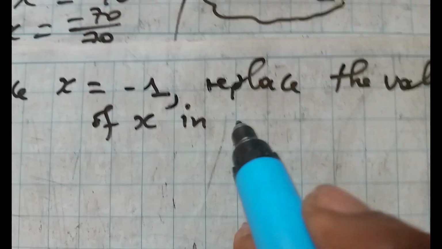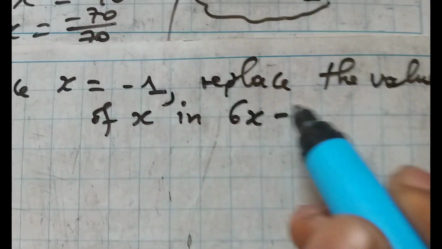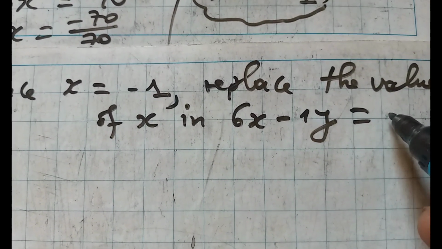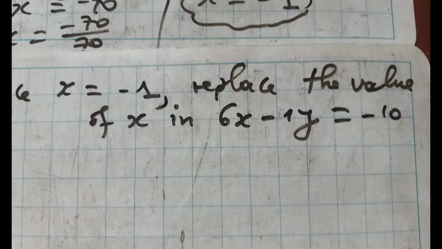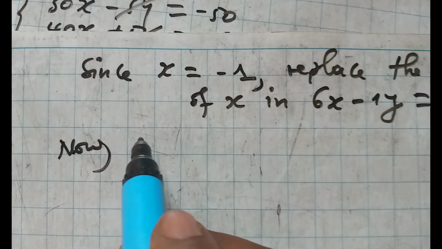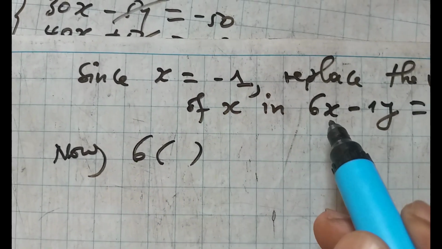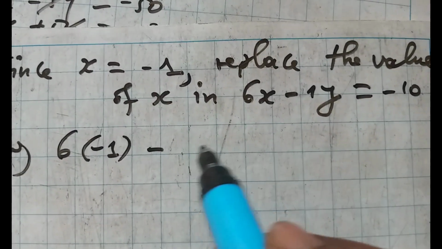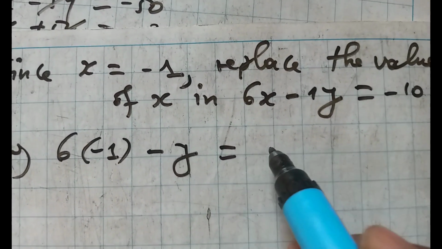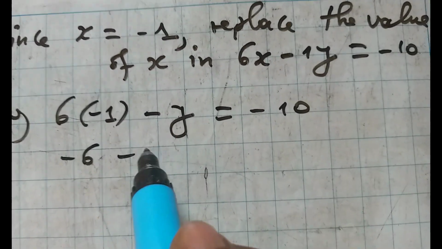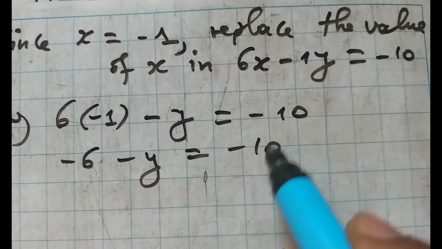Then this one will be 6x minus 1y, which is equal to minus 10, right? Now we have 6. In the place of x, we have negative 1 minus y, which is equal to minus 10. Then this is negative 6 minus y, which is equal to minus 10.